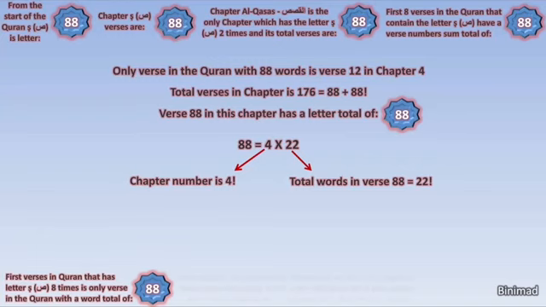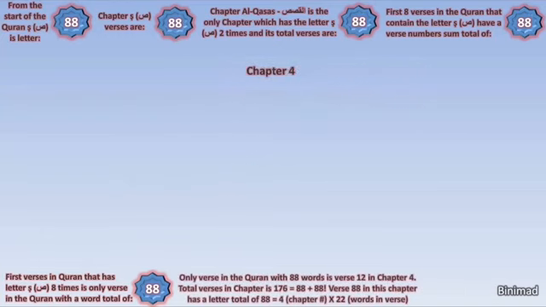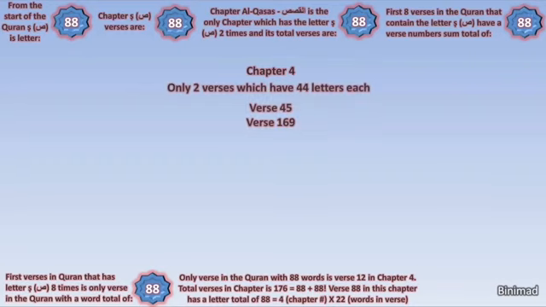Before leaving chapter 4, we notice something else. In the entire chapter, there are only 2 verses which contain exactly 44 letters, and they are verse 45 and verse 169. When we add their letters, they give us 88. But how can we make sure they are truly connected to 88 and the letter Sad?